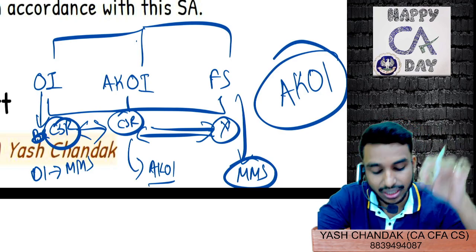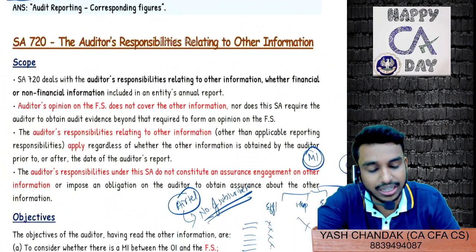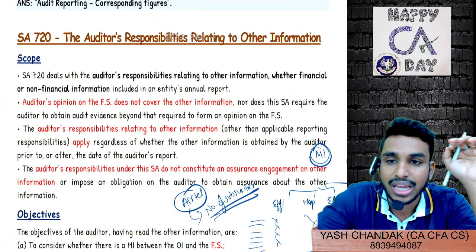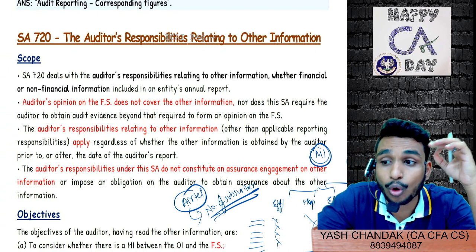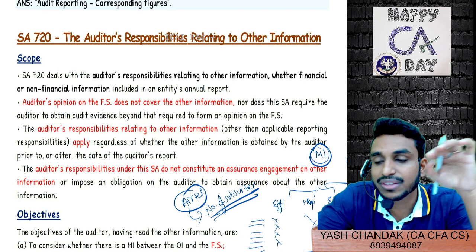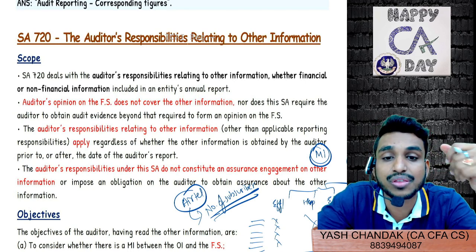Till now, is everyone clear that we have to deal with three things here in SA 720, the auditor's responsibility relating to OI? Whatever information is in OI, we have to tally with the FS, and also with the knowledge we possess, the auditor's knowledge obtained during the audit. All three should tally. If there is any material inconsistency, we should look for where it is.